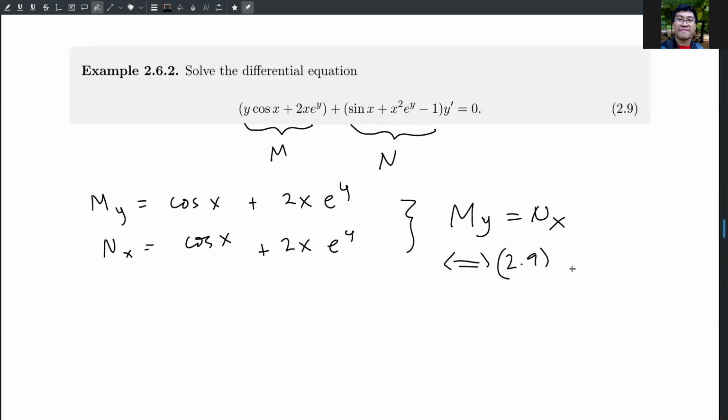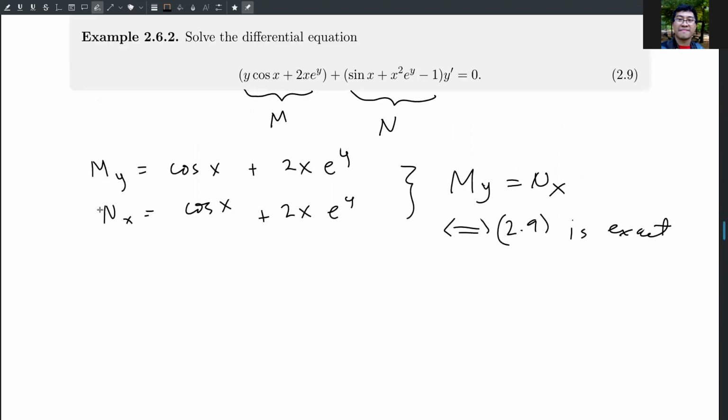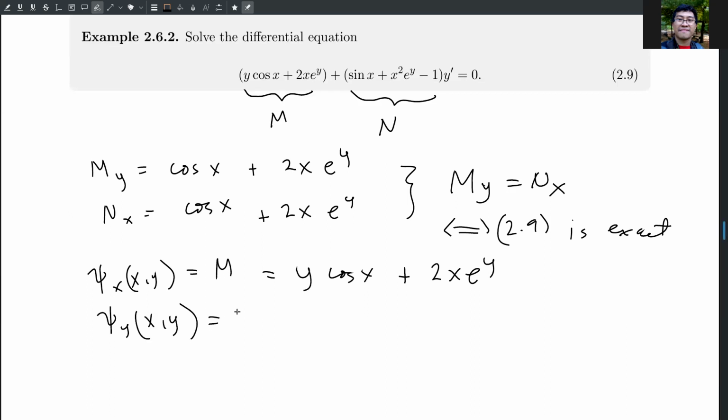So 2.9 is exact. So we have psi_x equals m, which is y cosine x plus 2x e^y, and psi_y equals n, which is sine x plus x squared e^y minus 1.